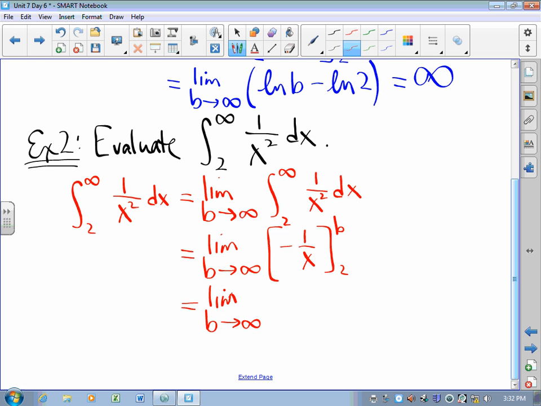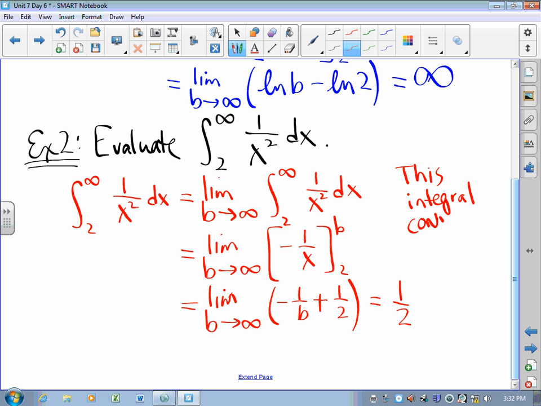Limit as b approaches infinity of negative 1 over b minus negative 1 over 2. So we ask ourselves, what happens in this case? Well, as b gets larger and larger, 1 over b gets closer and closer to 0. Negative times negative 1/2 is 1/2. We get 1/2. This integral converges to 1/2.